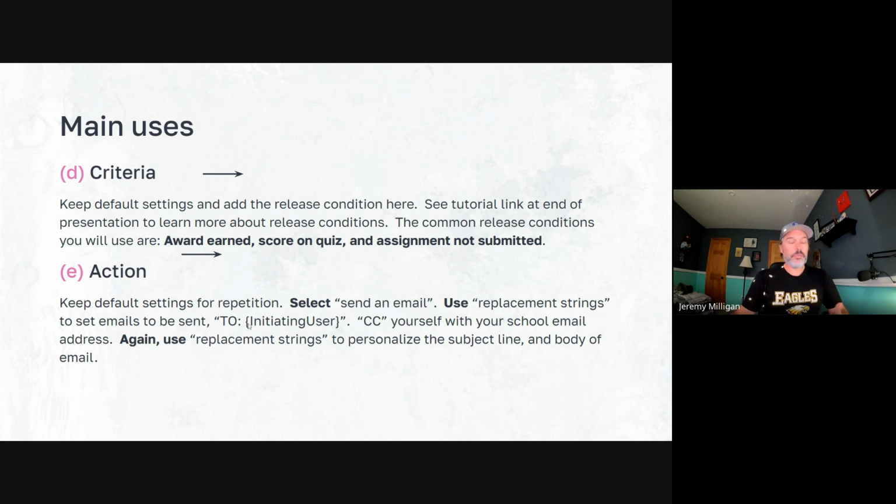It might just be a bracket, but they have a list of those that you can copy and paste in. And when the email is generated, it will actually put in the student's name or whatever information that replacement string represents. It will personalize it to each email depending on what user gets flagged.